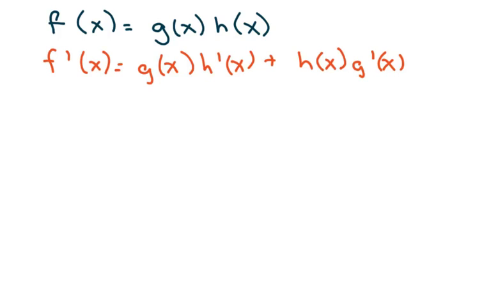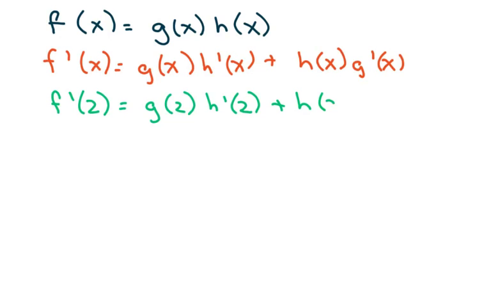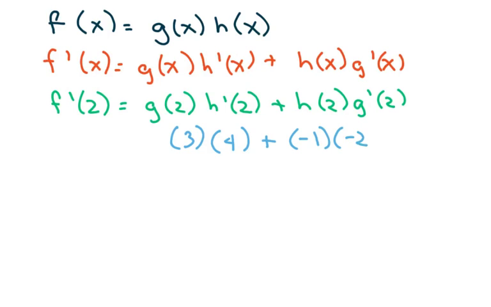And then we're going to plug in our 2, because we're evaluating at 2. And then you just use substitution. This is going to be 3 times 4 plus negative 1 times negative 2, and that all equals 14.